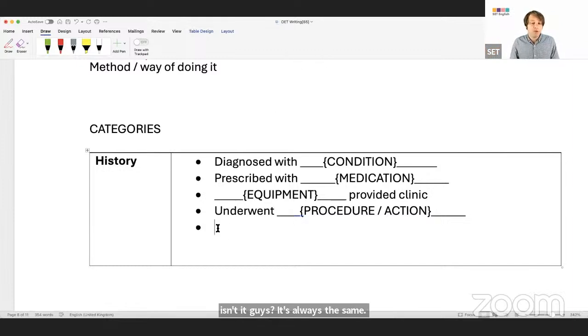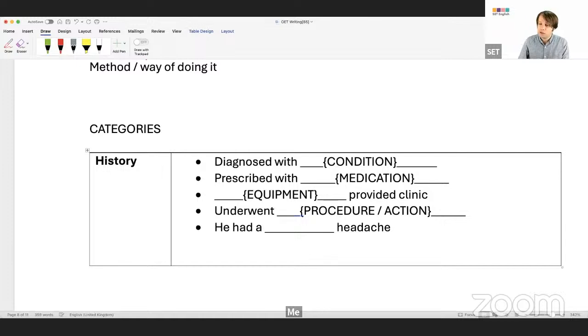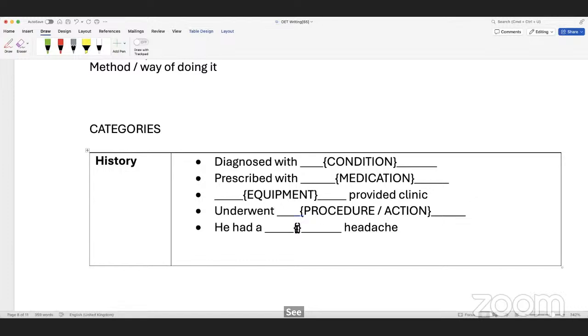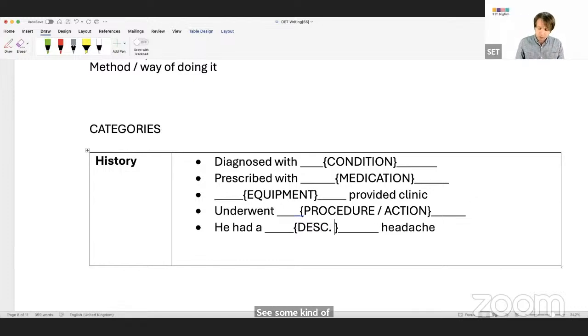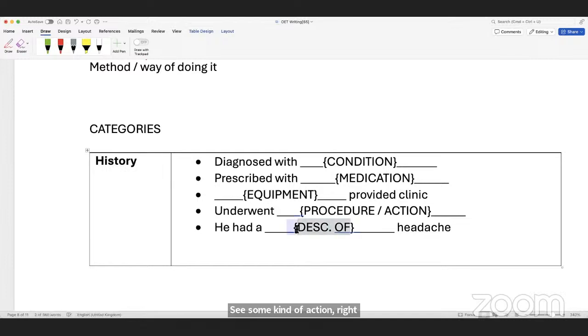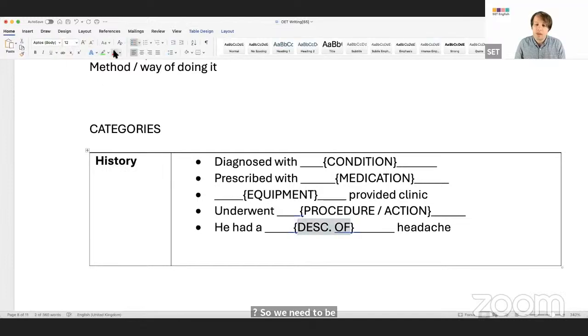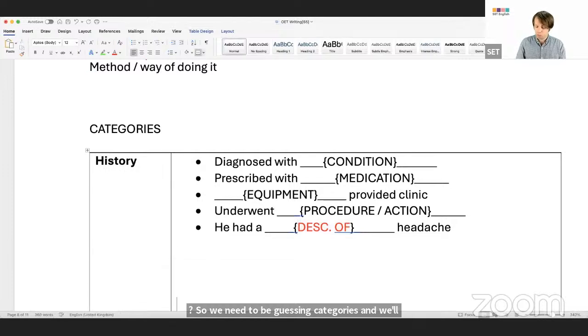But one thing that most students don't realize is that sometimes they say things like this: He had a blank headache. This is something most students will not understand until you explain it. What's the category here? Description. Yeah, this is a special category. It's special because we're not listening for something, we're listening for details about it.